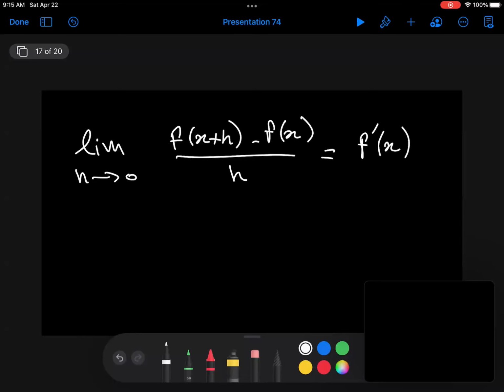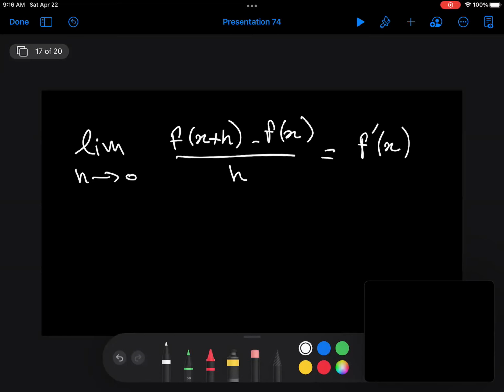When this limit exists, we say that we can derive the function f, and the derivative of f at the point x is called f prime of x.